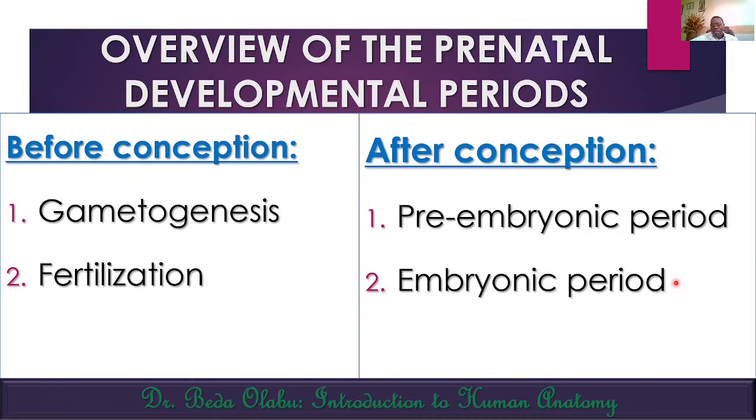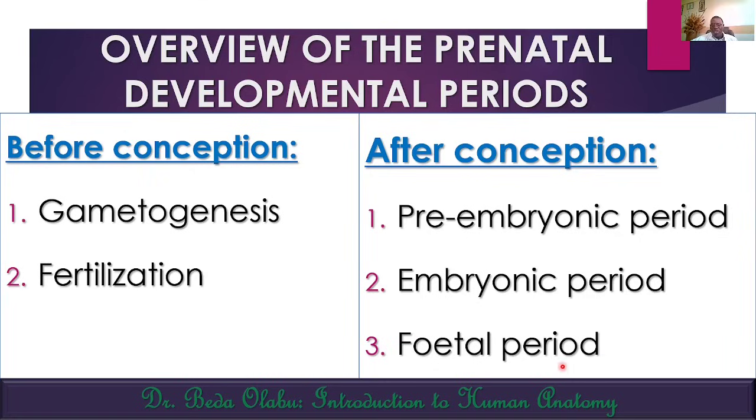After the 8th week from the time of conception, we talk of the fetal period of development. So the fetal period of development is the period from the 9th week until when the baby is born.